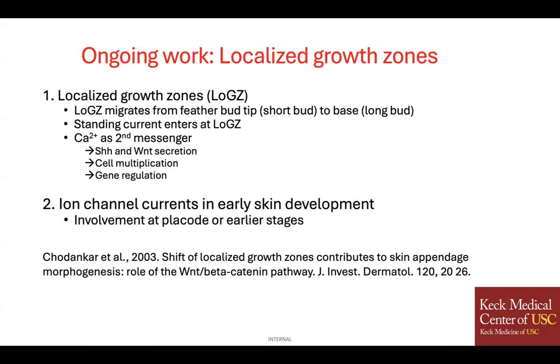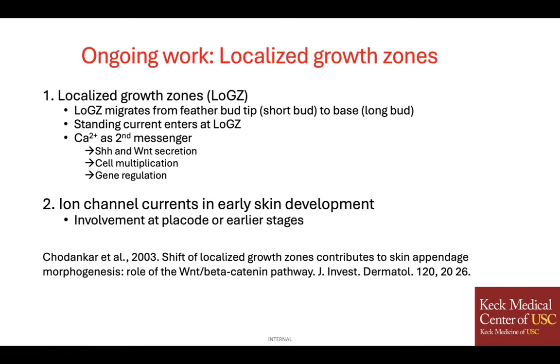So we're looking right now at skin that has feather buds on it, or I should say placode formation, so we can see the evidence for where the feather buds will be. And we identified that there are indeed inhomogeneities in the currents.